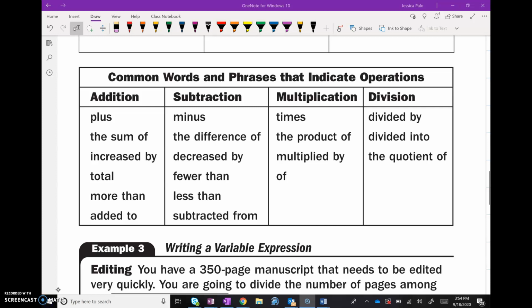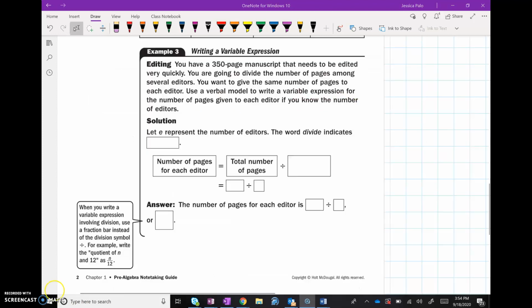This table is important. It is a list of common words and phrases that indicate the different operations. So we have addition phrases and words, subtraction words and phrases, multiplication words and phrases, and division words and phrases. The words and phrases that are used to represent the different operations are important to know when writing variable expressions from word problems.